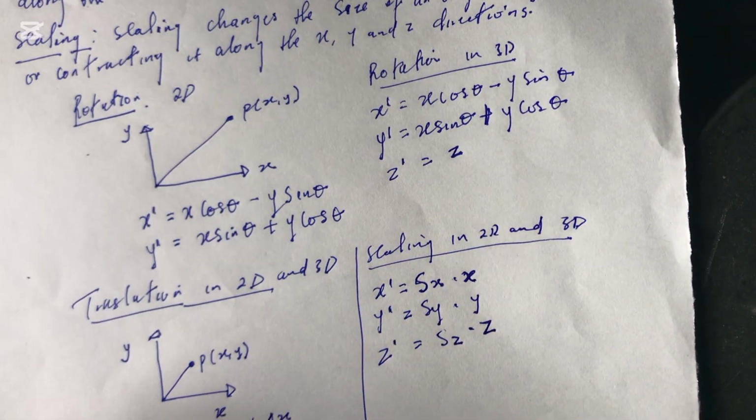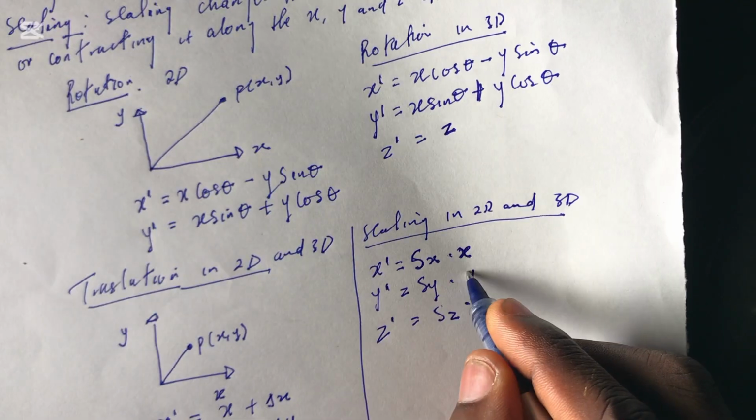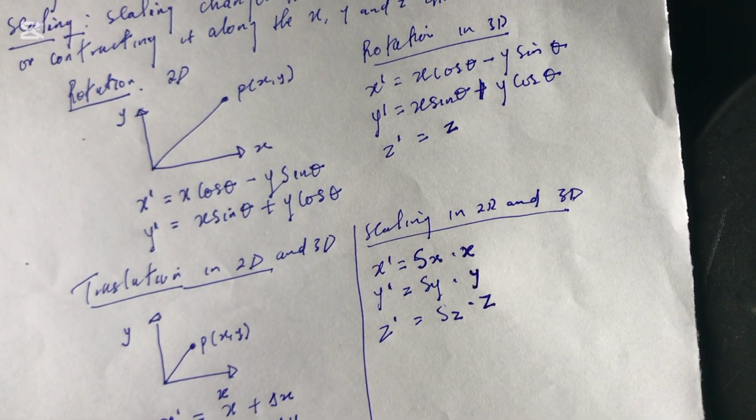So that is the formula for scaling in three dimension. But if you are given only two dimension and they ask you to find the new coordinate, we are going to use only the x and y.